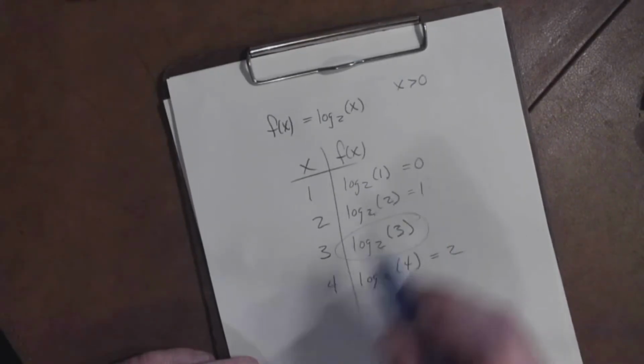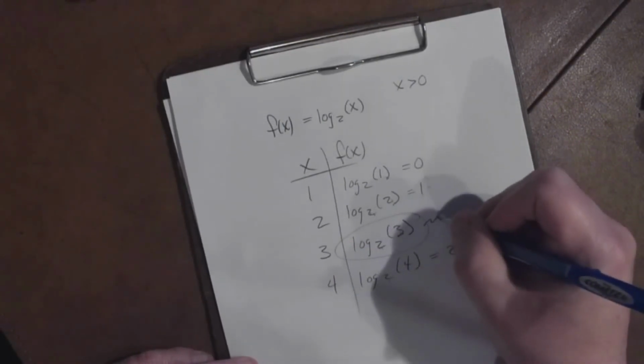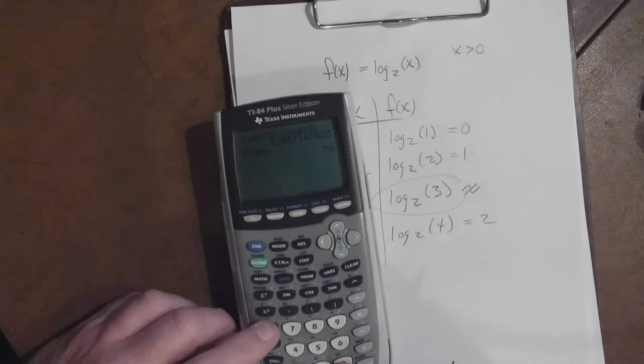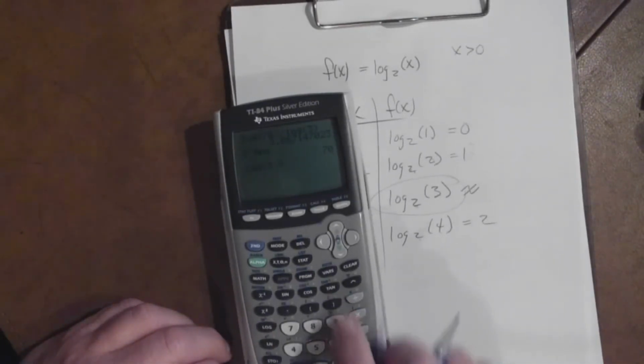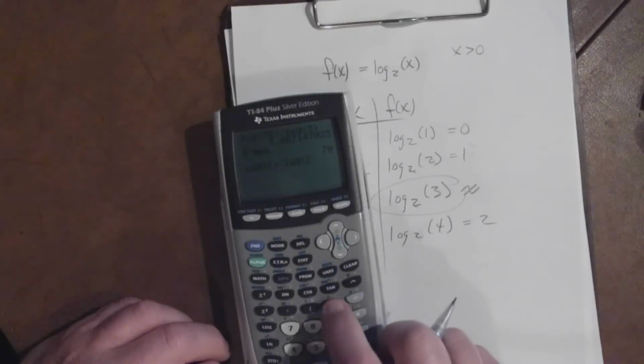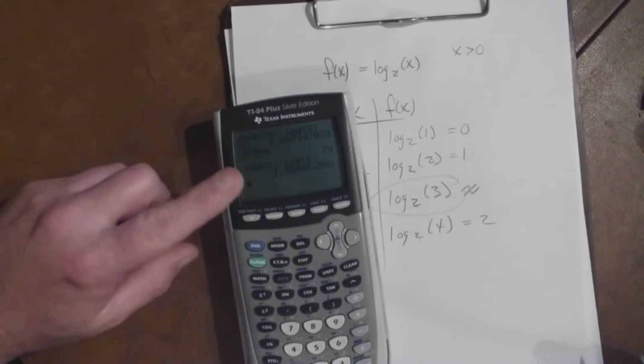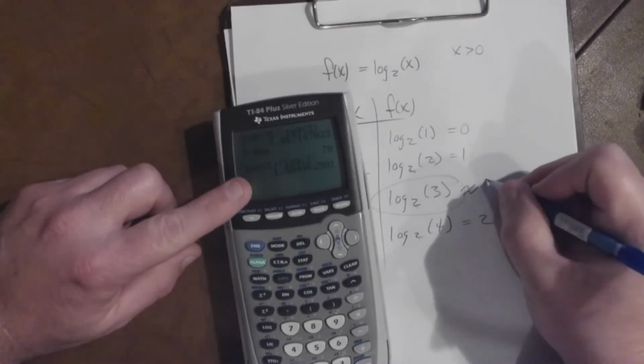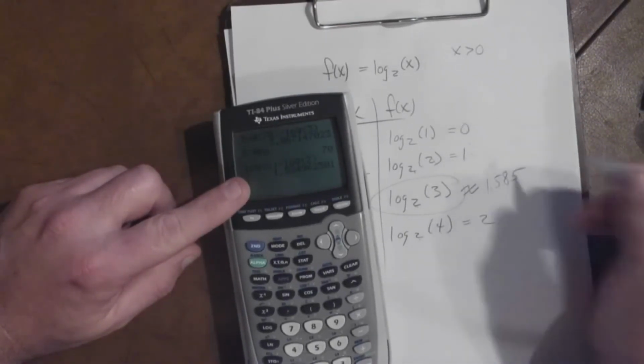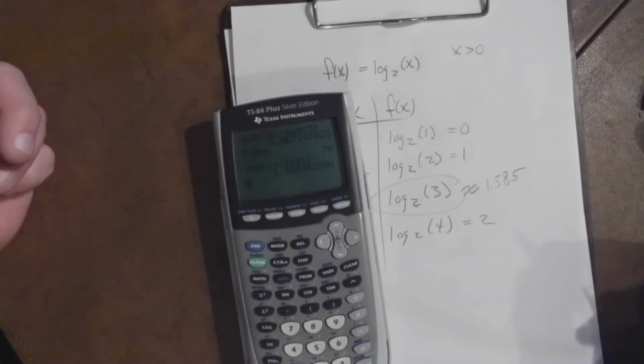It's exactly this number. We could approximate it using our calculator, right? That is just the value given by the log of 3 divided by the log of 2 on our calculator, right? And it's this decimal approximation, about 1.585 in value, right?